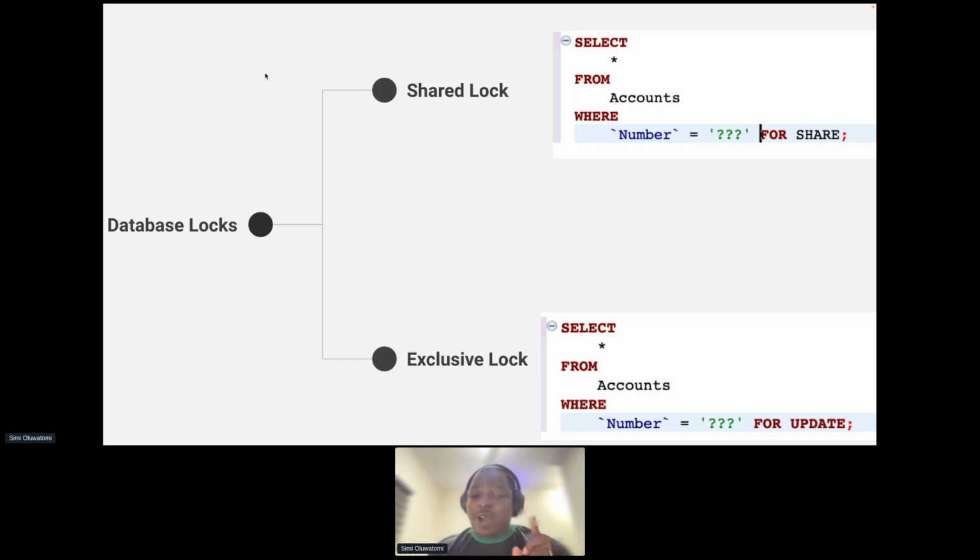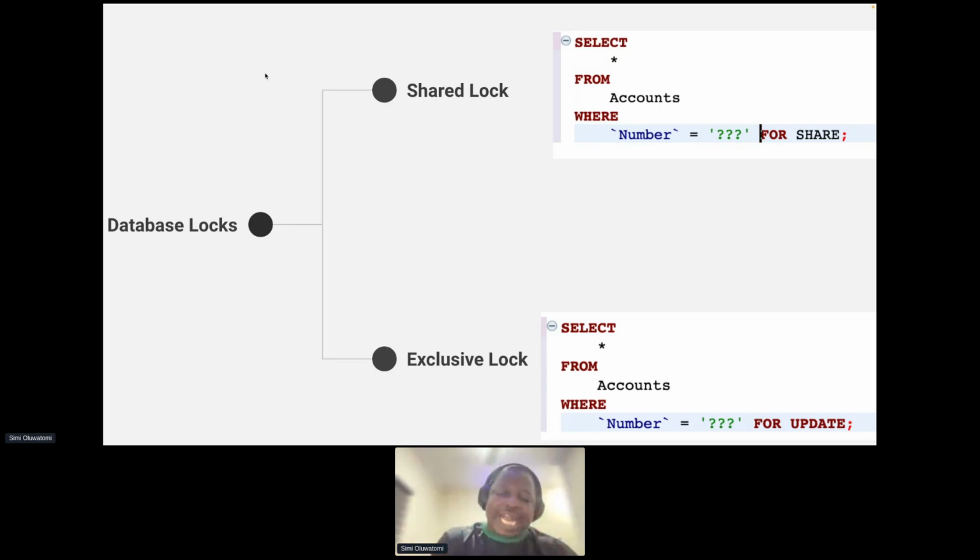For a shared lock, many processes can read that resource at any point in time. Many processes, underline that keyword, many. The difference is that none of them would be able to perform an update until that lock is released.